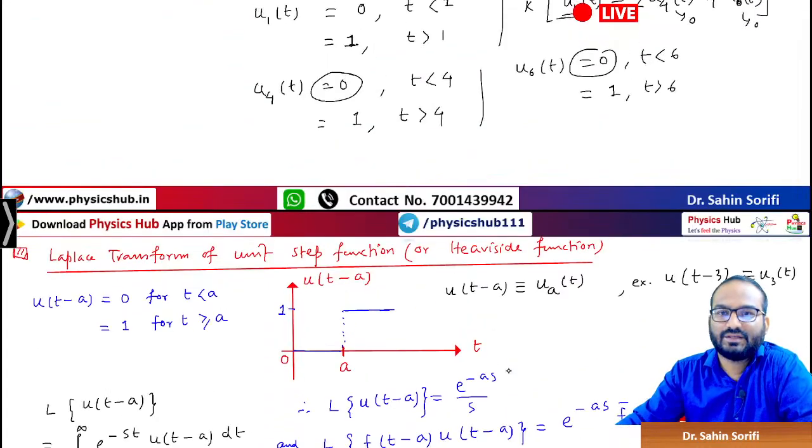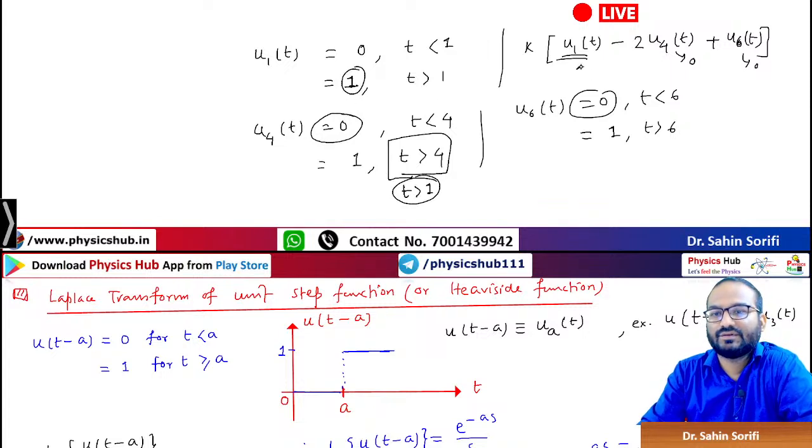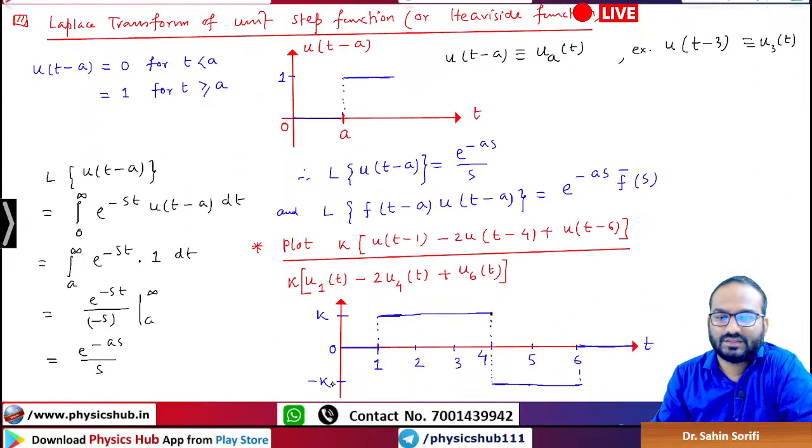Now when it is t greater than 4, it also includes t greater than 1, na? So this u1 of t value will be retained, and now beyond t greater than 4 this value becomes 1, but this value becomes 0 again. So 1 minus 2 is minus 1, so minus k is multiplied. So that is why this becomes minus k at t equals to 4.